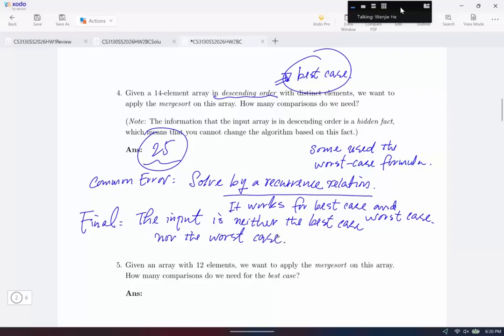Something between, because I need to check your understanding of the details of the merge sort. I want to use this question to check your understanding.